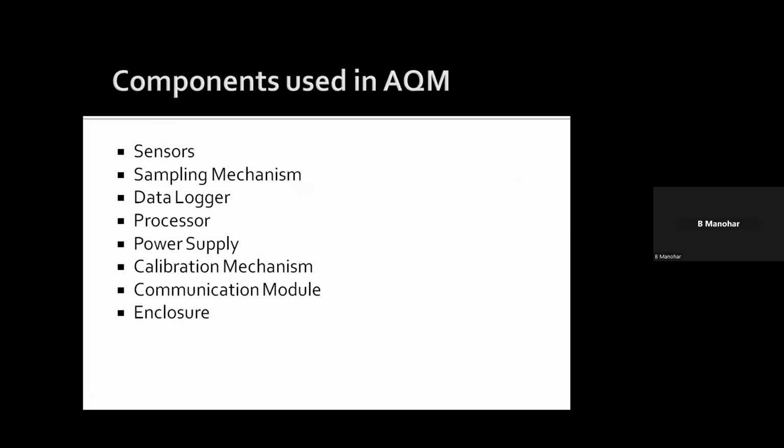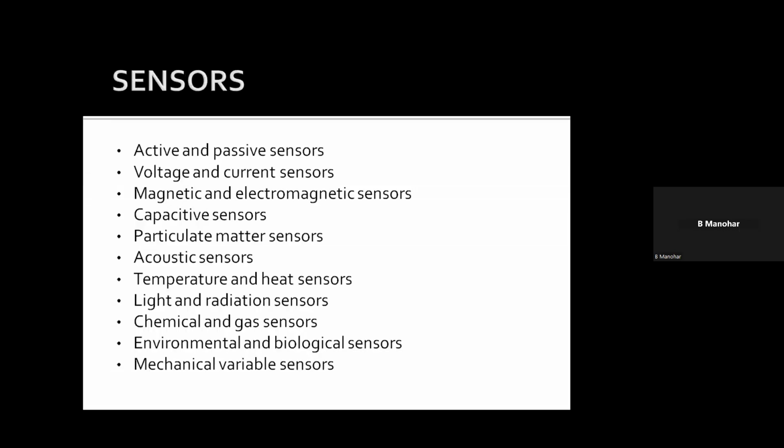Coming to the different components used in air quality monitors, they include sensors, sampling mechanism, data logger, processor, power supply, calibration mechanism, communication module, followed by enclosure. Let's dive into these components. First of all, sensors.